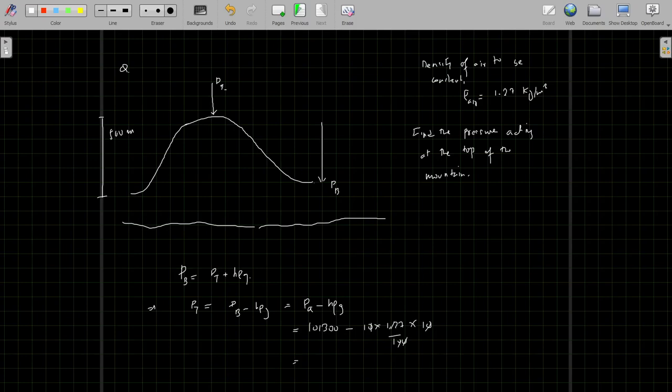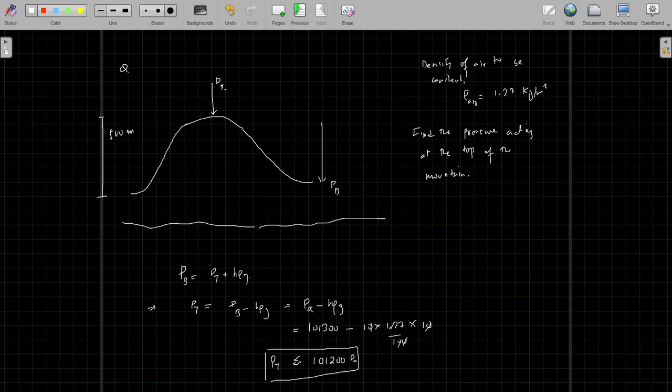I get this as approximately 101,000 little less. So this is the pressure at the top, in Pascal. So why have you taken the height 10?